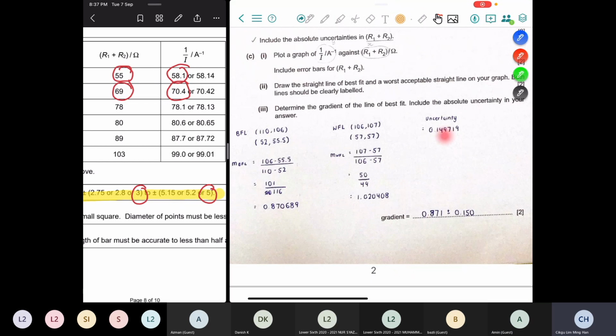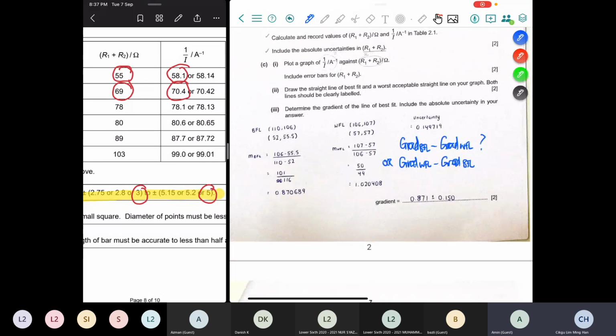What were you saying again? Best fit line minus worst fit line, or worst fit line minus best fit line. Amin was saying, should it be gradient best fit line minus gradient worst fit line, or gradient worst fit line minus gradient best fit line? So which one should it be?